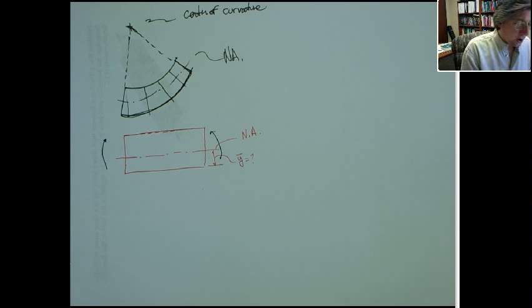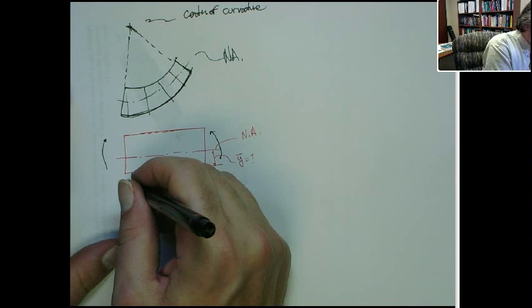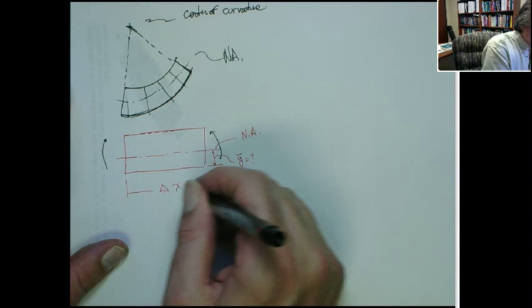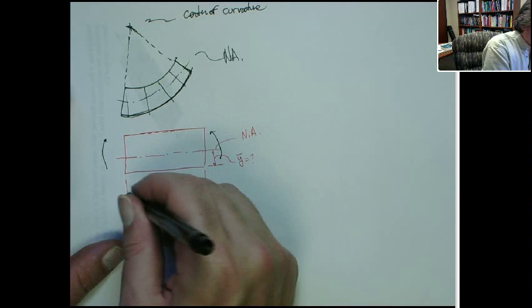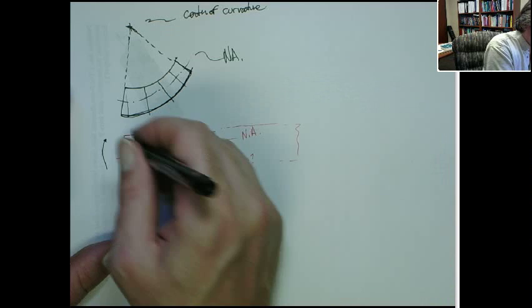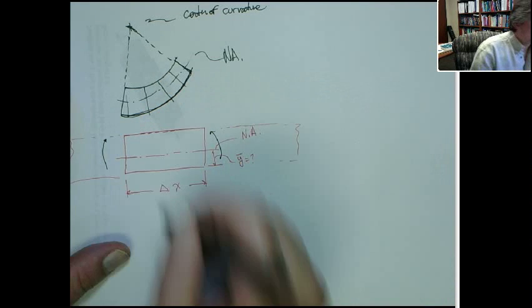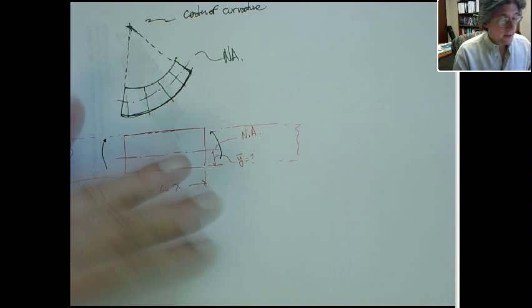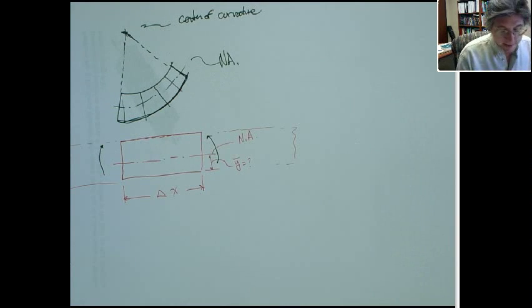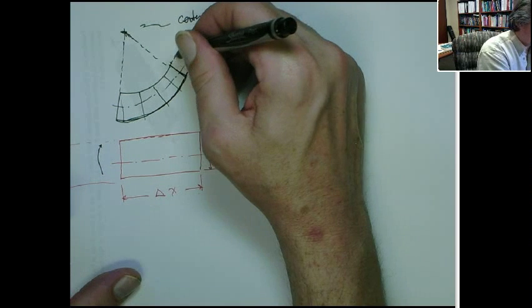So this is a small segment. We're going to call this basically delta x. This is a segment that we can actually extend. So this beam bends up and forms this configuration. Obviously, extends out in this situation as well, right?